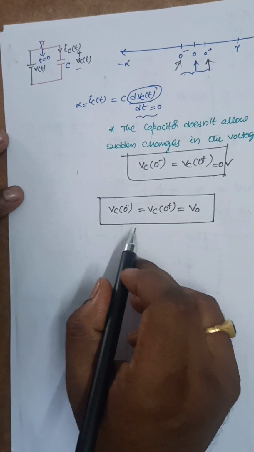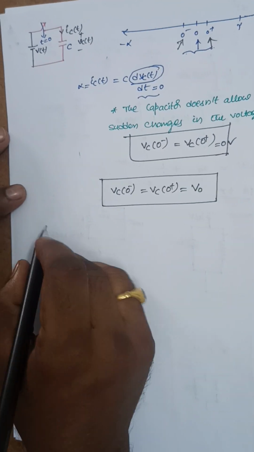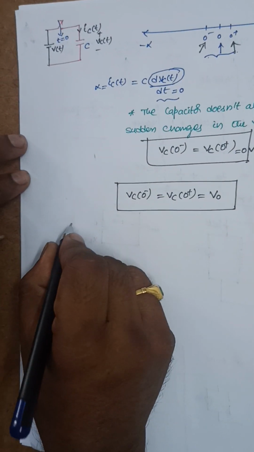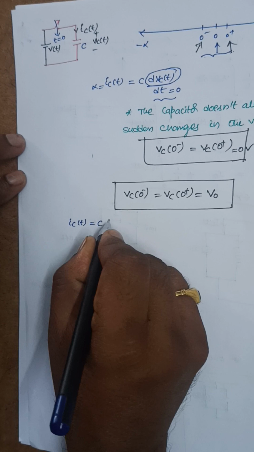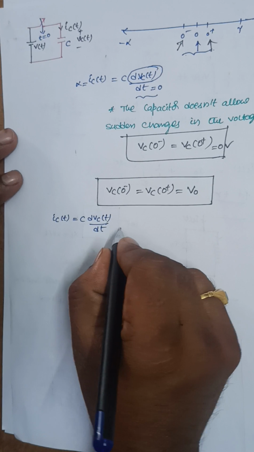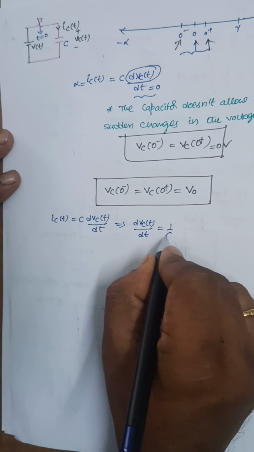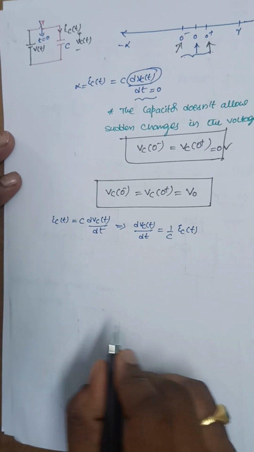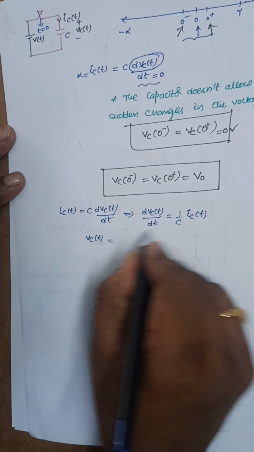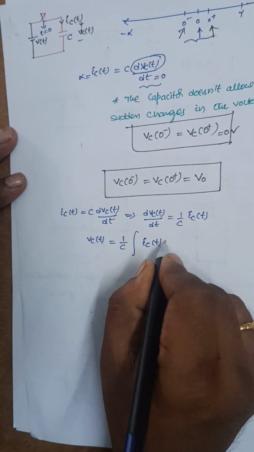Next, IC of t is equal to C into dVc of t by dt. I can write dVc of t by dt is equal to 1 by C into IC of t, and if I apply integration on both sides, I get Vc of t is equal to 1 by C integral IC of t dt.